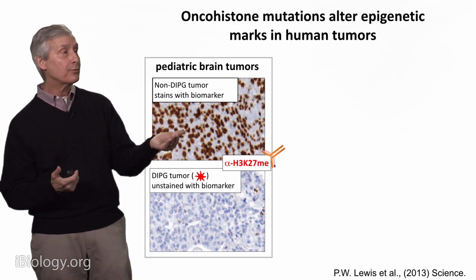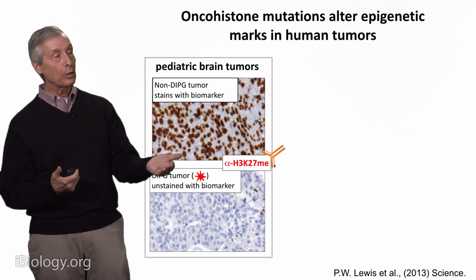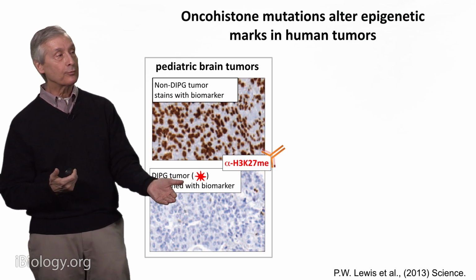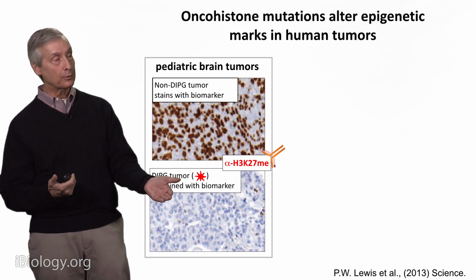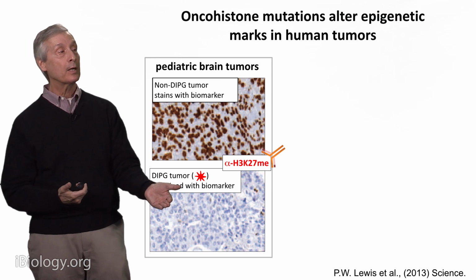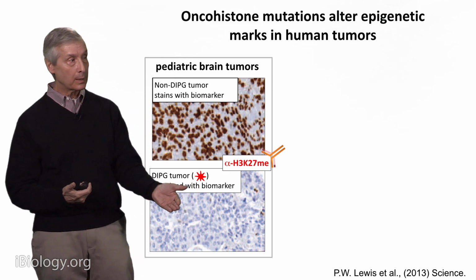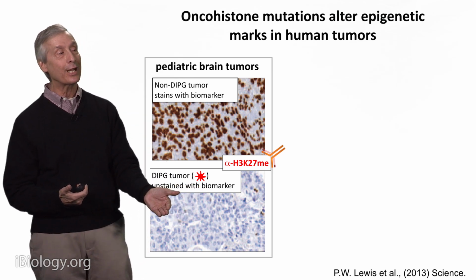And you see there's a lot of staining, a lot of brown cells that are staining with this methyl 27 antibody. But on the lower panel are samples of staining from autopsied children's brains that came from, like Jennifer Krantz, a DIPG patient who did have the K27M mutation.